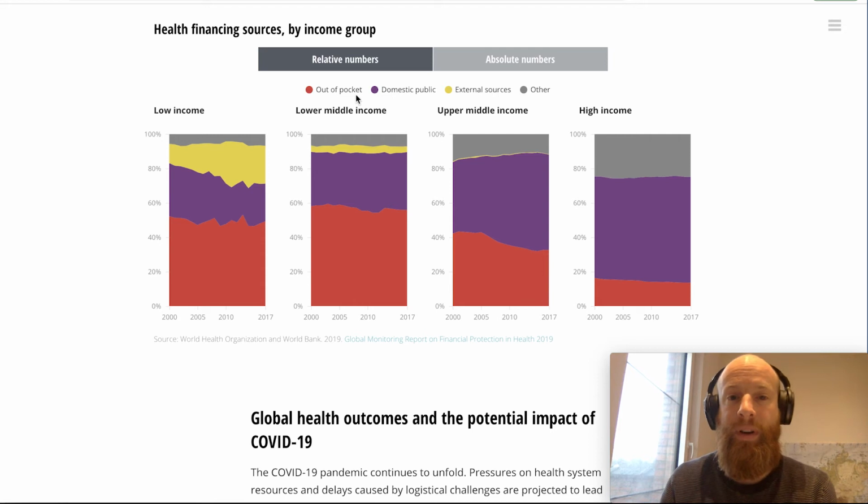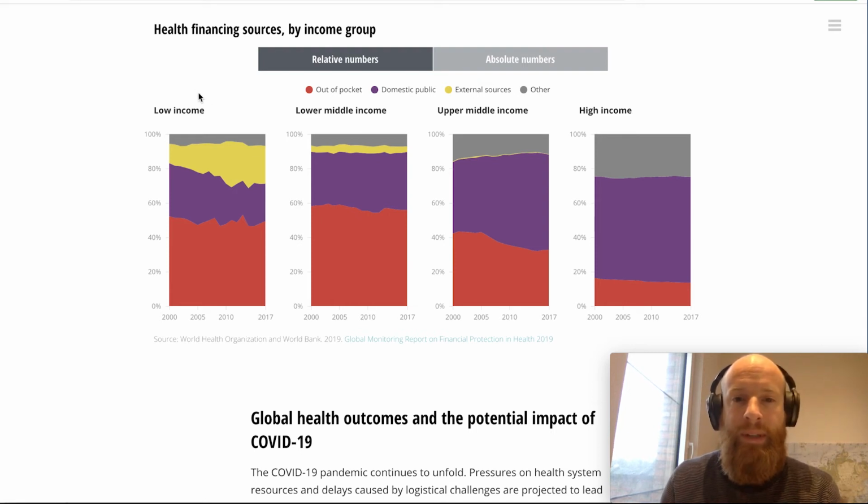You have out of pocket, which means that people are paying themselves. You have domestic public, which means that governments or other authorities are paying part of the healthcare bill. External sources, this might be NGOs, for example, and then you also have some other sources of money to pay for healthcare bills.